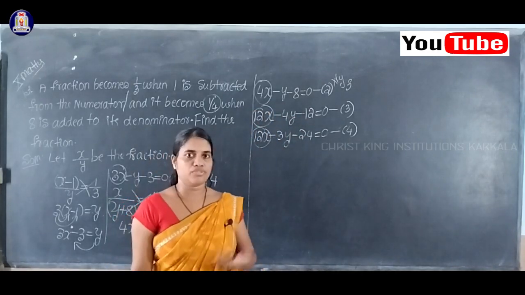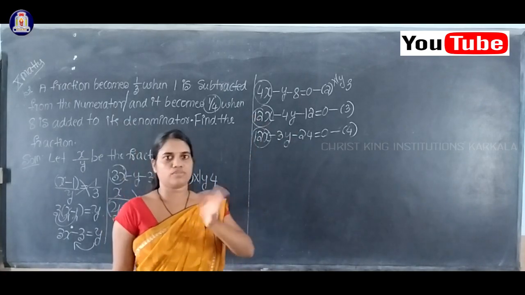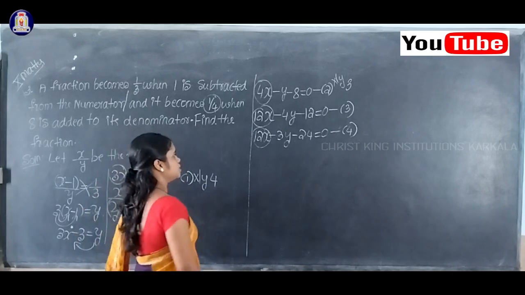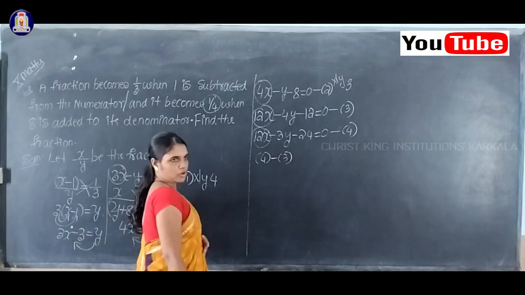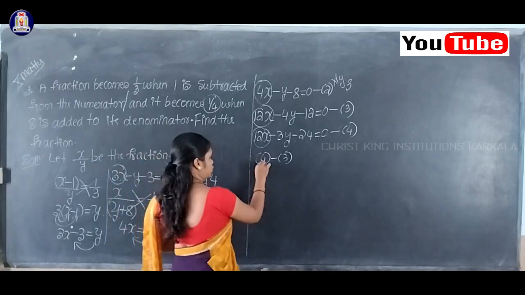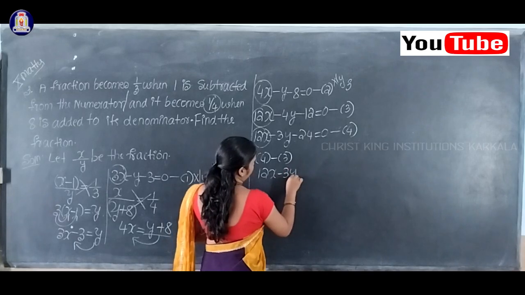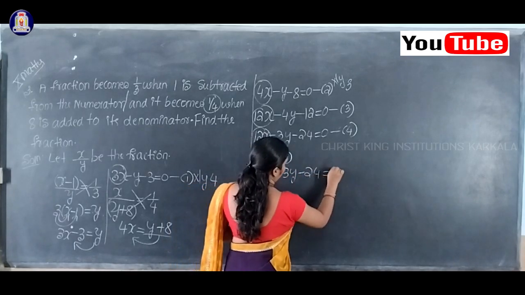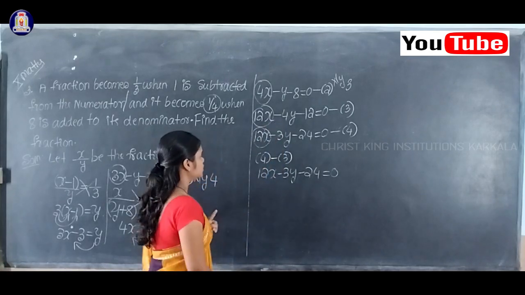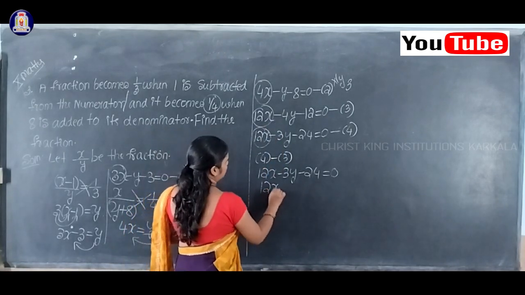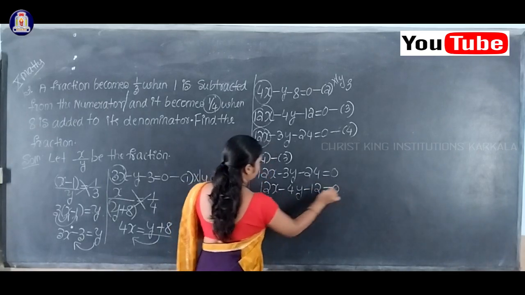So either you can do equation 3 minus 4 or equation 4 minus 3. I'll do equation 4 minus equation 3. Equation 4 is 12x minus 3y minus 24 equal to 0. Equation 3 is 12x minus 4y minus 12 equal to 0.